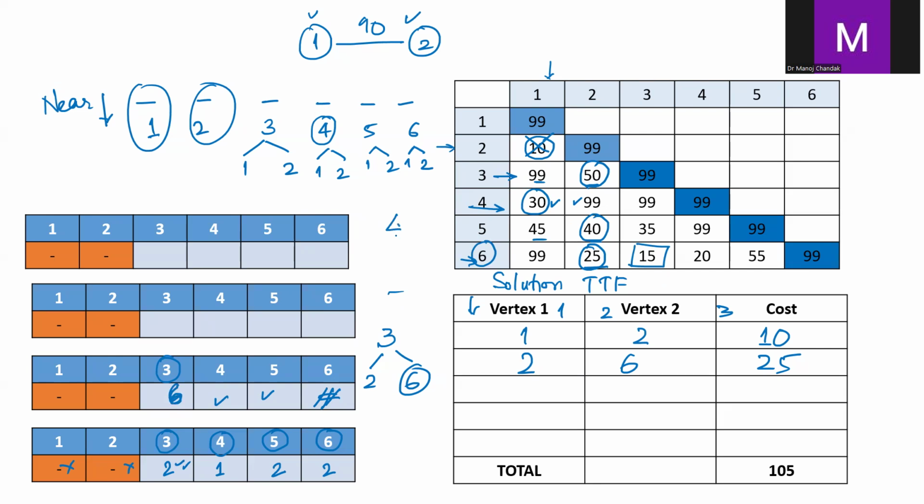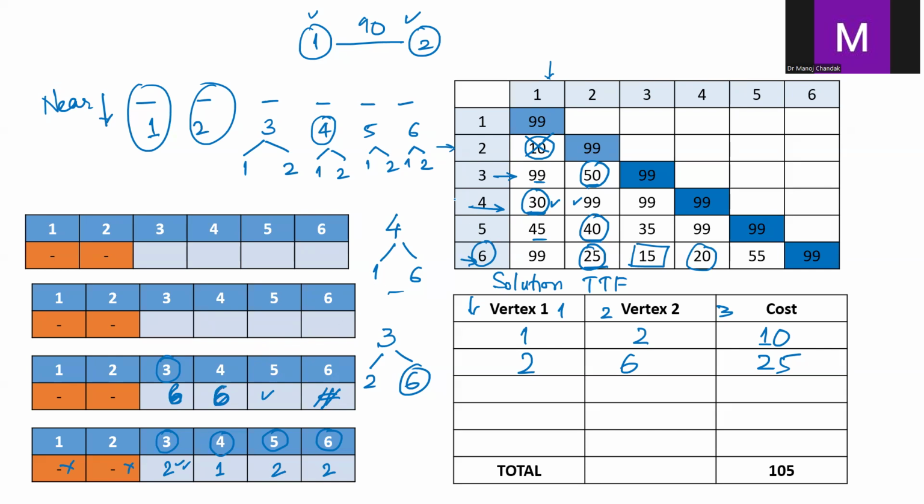Similarly, go to 4, check whether it is close to 1 or close to 6. So 4 is currently close to 1, that is 30. But if 4 is a better reach than 30, then check for 6. And 6 to 4 is 20. So we can write again here 6 because 20 is less than 30.